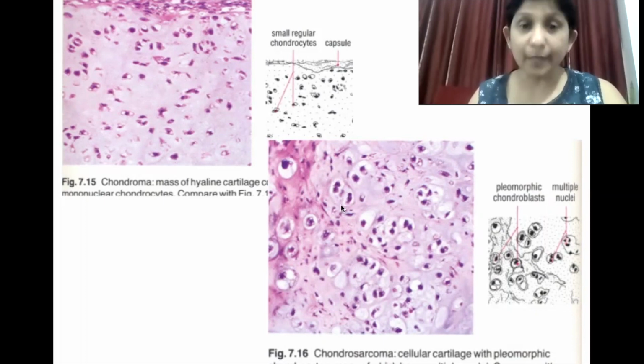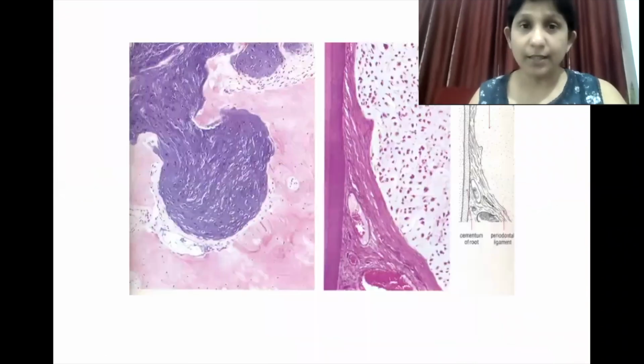But in this chondrosarcoma, the picture below, you can find that the chondrocytes have increased in size. And you can see that they are in an enlarged lacunae showing a lot of nuclear hyperchromatism. And the cells are showing a lot of pleomorphic appearance. So this is a very telling feature of the difference between a chondroma and a chondrosarcoma.